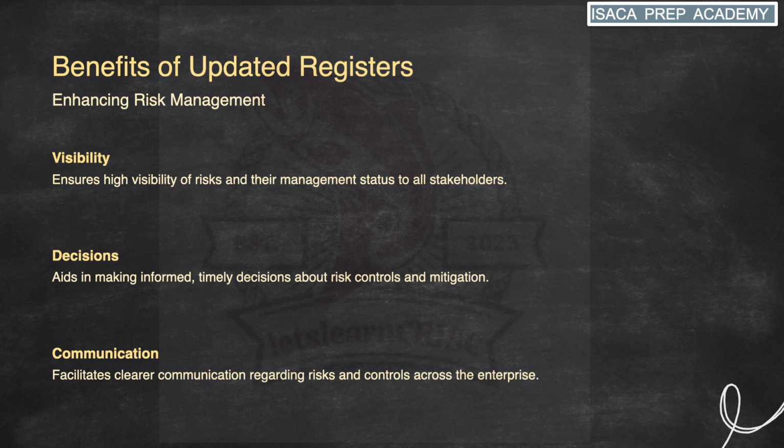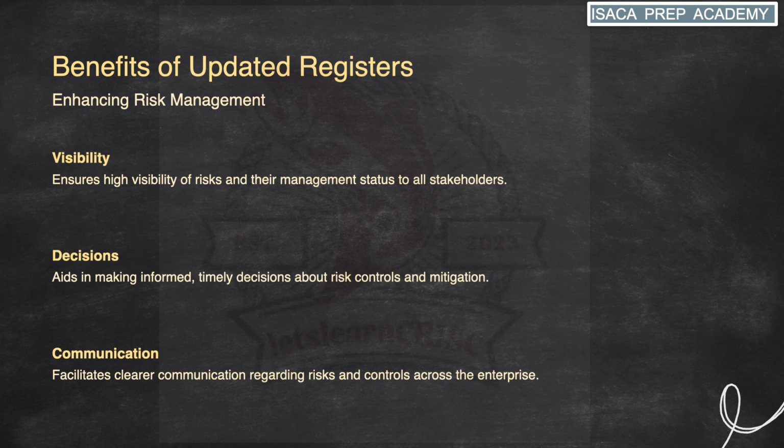Friends, clear communication enables stakeholders to understand the potential impact of the risks on the organization and the measures in place to mitigate them, fostering a shared understanding of the risk exposure and management strategies.